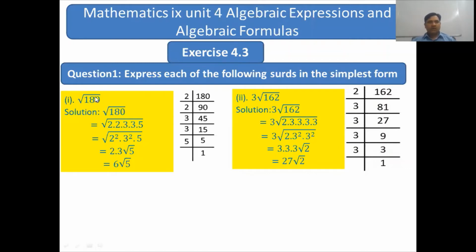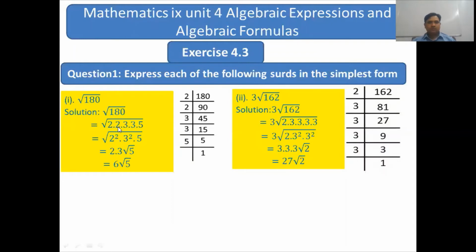So we can find the prime factorization of 180. 2 9s are 18 and 0 as it is. 2 4s are 8, and here is 10. 2 5s are 10. So 2, 45 times 90. So 3, 15 times 45, and 3 5s are 15, and 5 ones are 5. So the prime factors are 2, 2, 3, 3, 5.